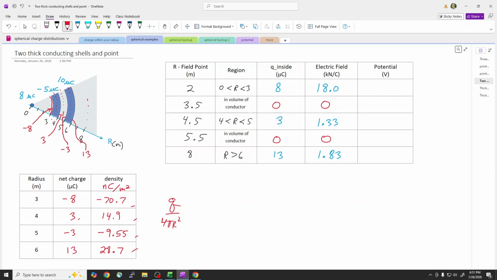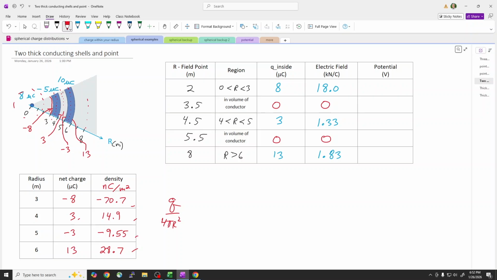Now, up to this table for electric field calculation, at these various radii that put us in these different regions, right, the 3 regions we need to calculate is the 2 meter, the 4.5, and the 8. And at the 2 meter mark, the only charge within our radius is the 8 microcoulombs at the origin.